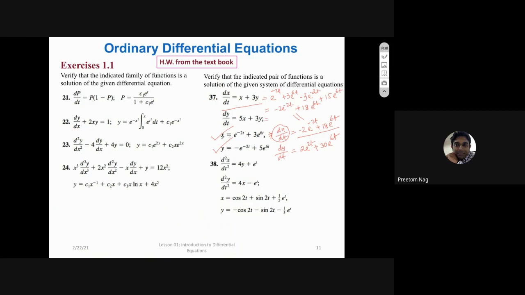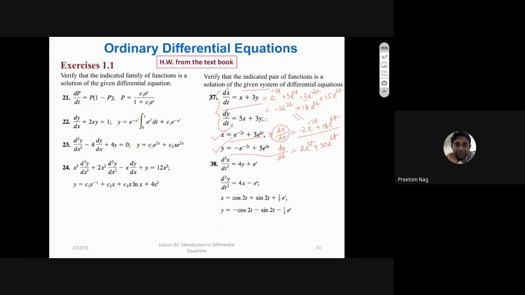Therefore we have verified that x and y, expressed by these two terms, are a solution of the given system of differential equations. We call this a system of differential equations. Okay, is it okay for everyone? Yes, sir. In this case, this system is linear because we have power 1 here, right?